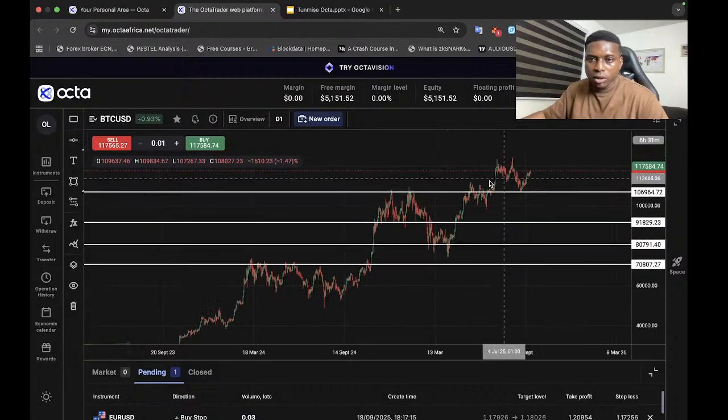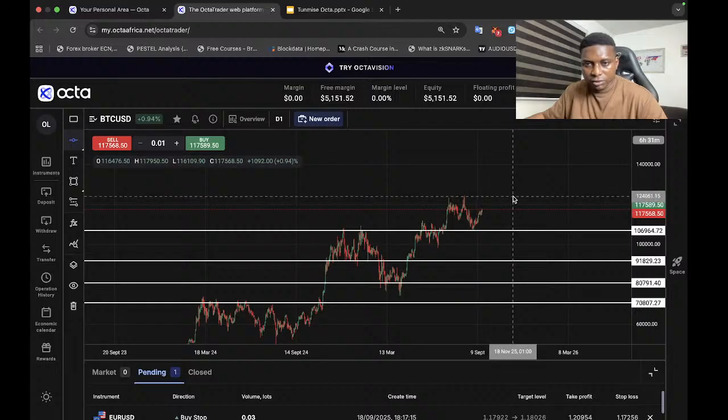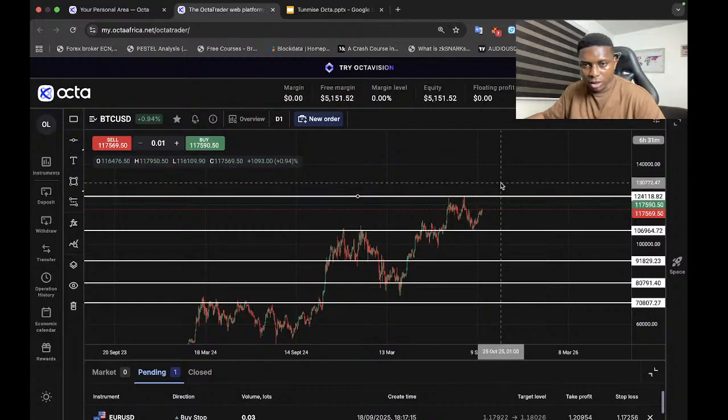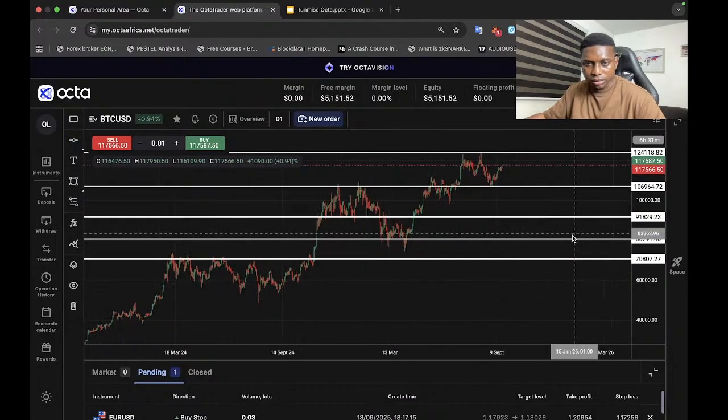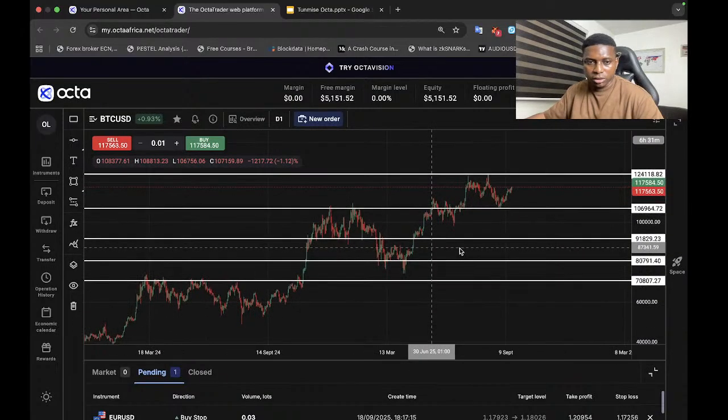All right, so here we are mapping out key levels of support and resistance.